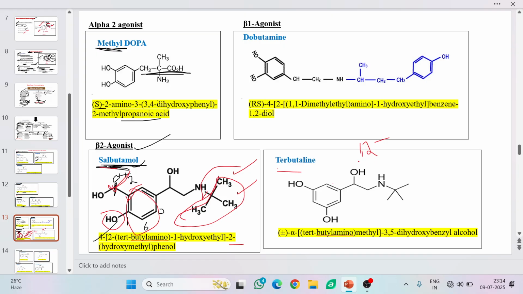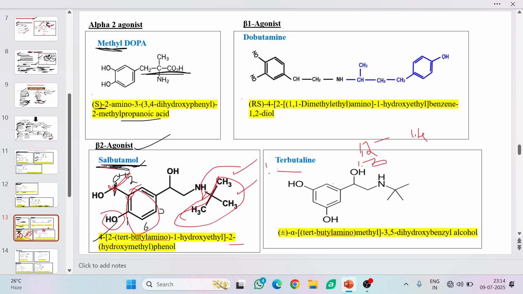If at the 1,3 position, then it is called a resorcinol. And if at the 1,4 position, then it is called a quinol, or it may be called a hydroquinol. Okay, so this ring is resorcinol.